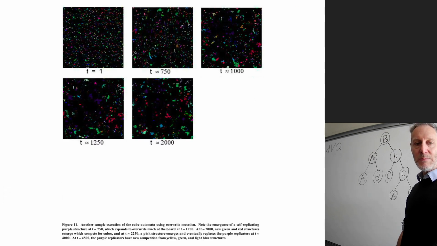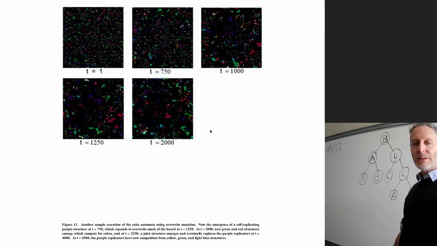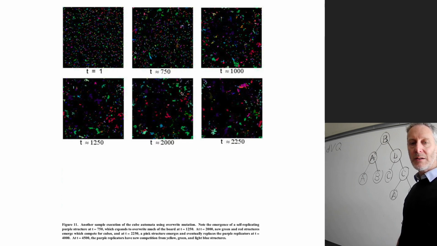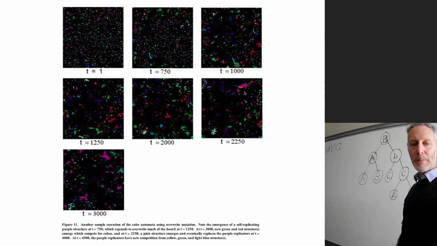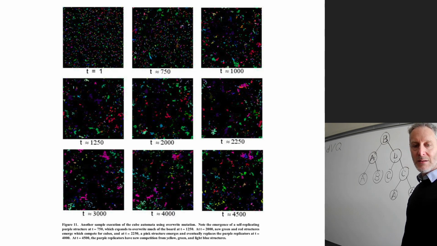Okay, if we keep going, you'll notice a fair bit of red down here in the lower right, a little bit of green over here. Now there's some magenta up here, much more magenta, more magenta, more magenta. What's going on here?